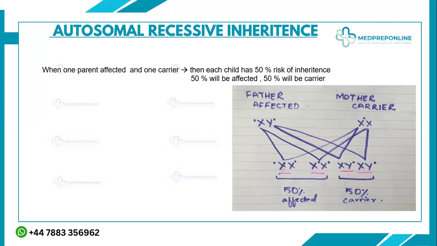We are getting 50% affected and 50% carriers. So whenever the question comes with one person affected and one a carrier, and they ask how many carriers or what percentage affected, the answer will be 50% affected and 50% carrier, and the risk of inheritance remains 50% for each child. So this is for the father affected and mother carrier.